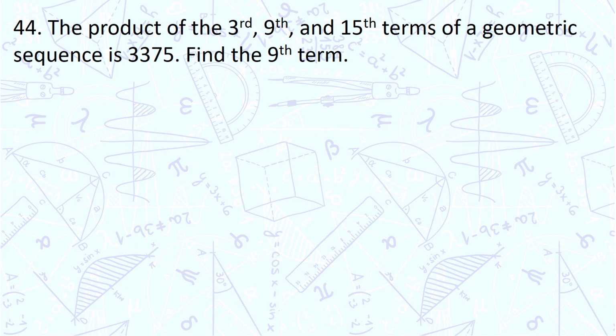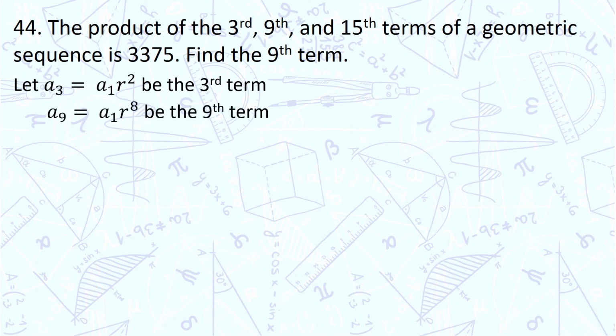44. The product of the third, 9th, and 15th terms of a geometric sequence is 3,375. Find the 9th term. Let a sub 3 be a sub 1 times r squared, the third term. a sub 9 equals a sub 1 times r raised to 8, the 9th term. And a sub 15 equals a sub 1 times r raised to 14, the 15th term.